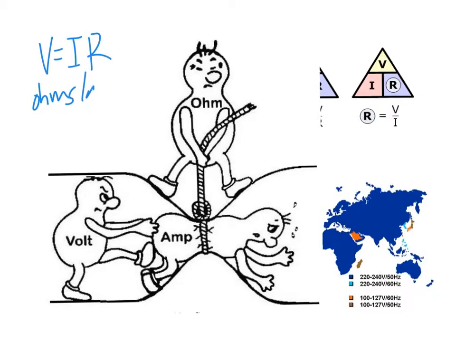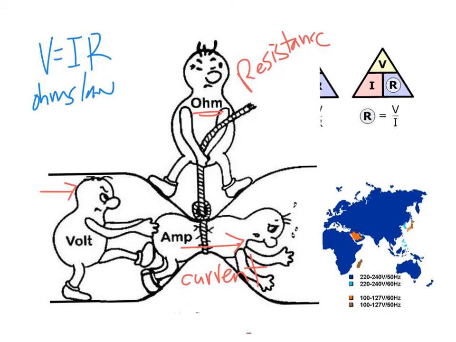This is describing the relationship: ohm here is the resistance when we talk about current flowing through a wire, and amp here, this poor guy, is the current trying to pass through the wire, and then volt here with these big strong muscles is the voltage trying to push the current through. We're going to talk about circuits here soon.